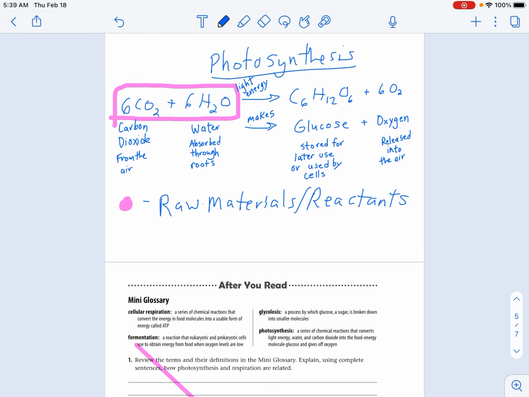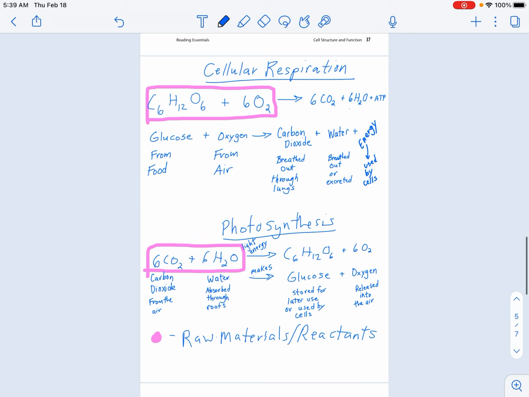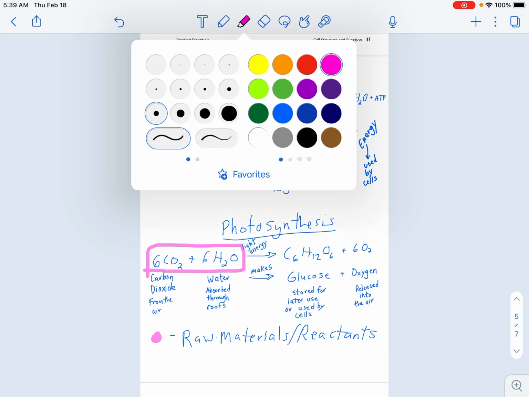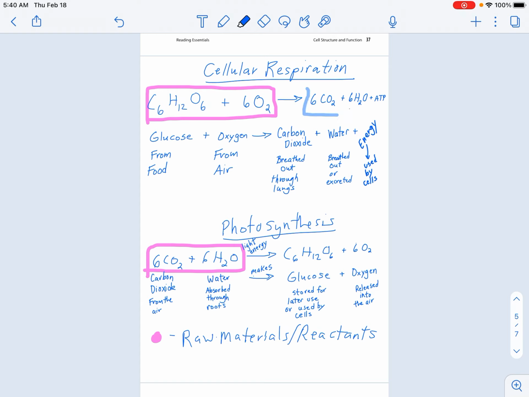And the stuff that is located after the arrow are called the products. They're the things that are made or produced in the reaction. So I'm going to go ahead and give them a label quick. I'll use a different color so we can color code it.